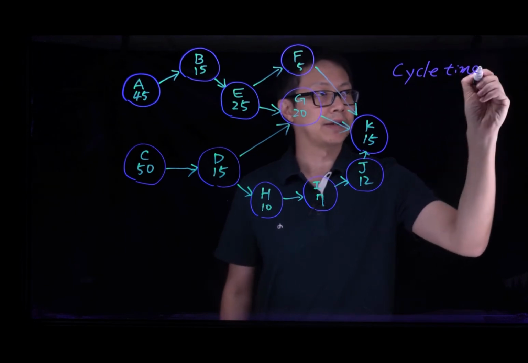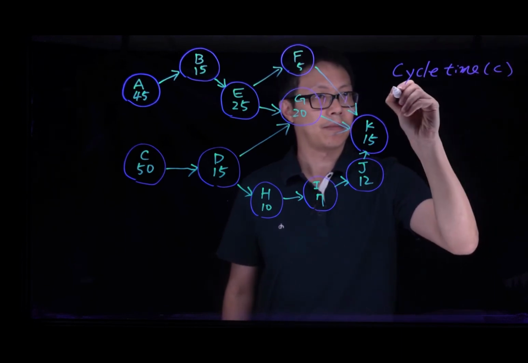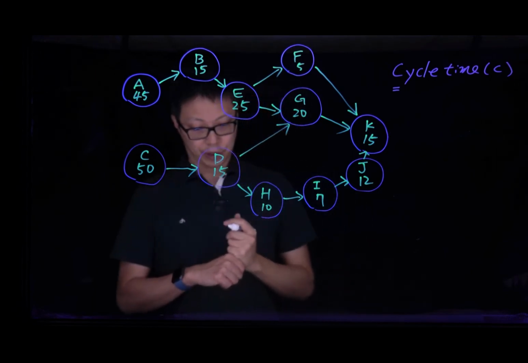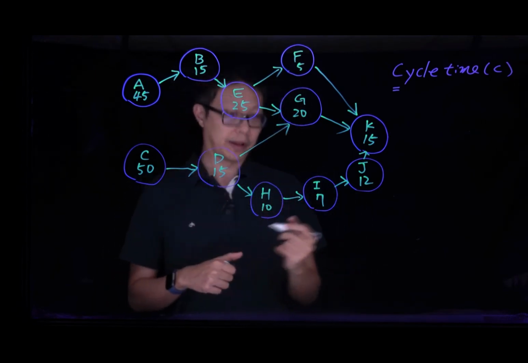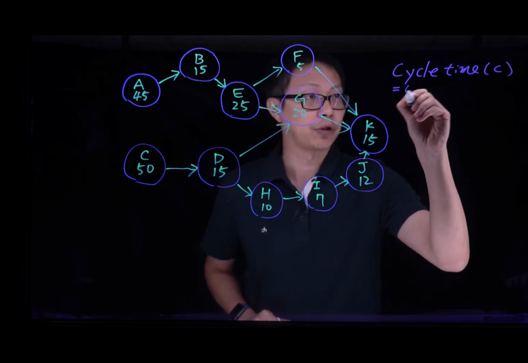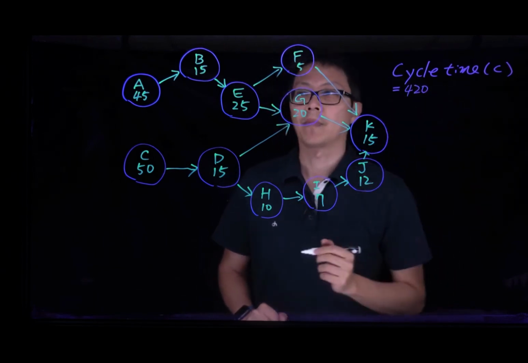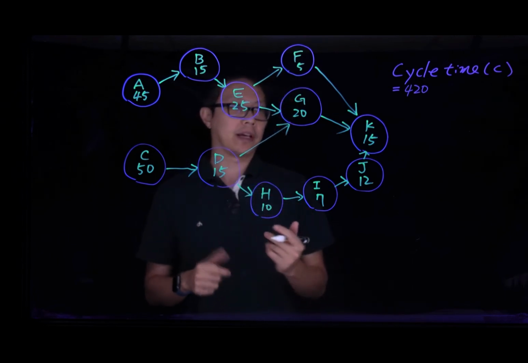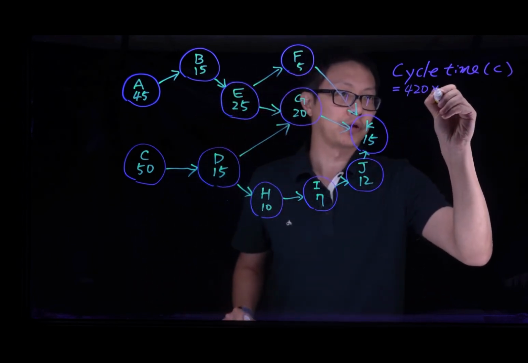The cycle time is C. In order to calculate the cycle time, the first thing you need to figure out is how much time you have per day. In this case, we have 420 minutes. Because all the tasks are calculated in seconds, we want to convert this to seconds.